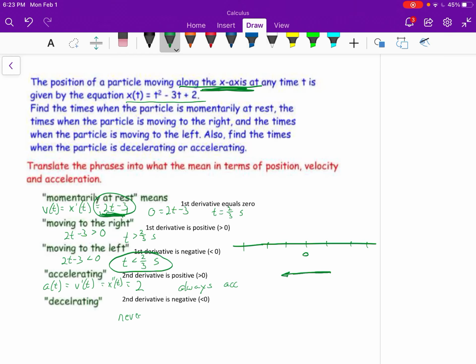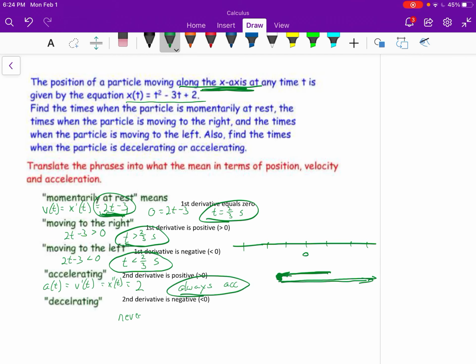So that means it's moving to the left, it's slowing down, and then it stops at 2/3 seconds, and then it starts moving to the right. So acceleration means it could be slowing down to the left, or it could be speeding up to the right. So we have those different answers that we were looking for.